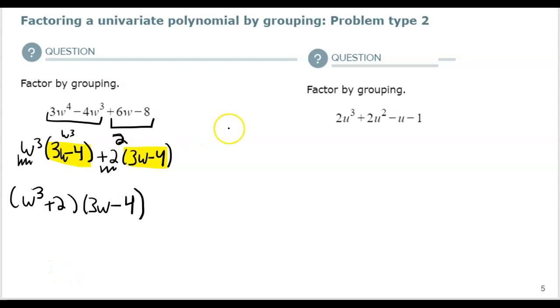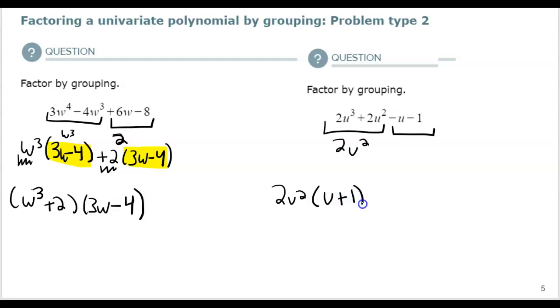I want you to go ahead and pause the screen and try this one on your own. So you're trying this one on your own. We group these two and these two. The greatest thing these have in common is a 2u squared. So I'd pull out a 2u squared. I ended up with a u plus 1.